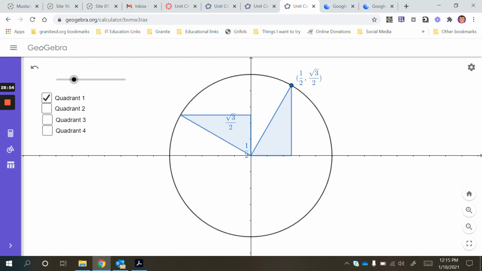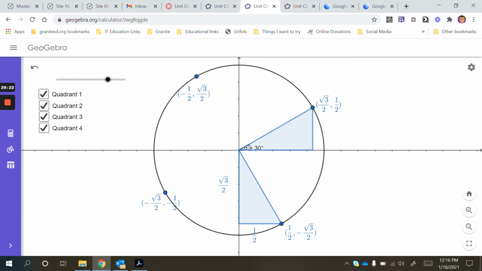If we rotate it 90 degrees, we went backwards square root 3 over 2 and up 1/2. Rotate it another 90 degrees. And this one is backwards 1/2 and down square root 3 over 2. Another 90 degrees. And it is down 1/2 and forward square root 3 over 2.